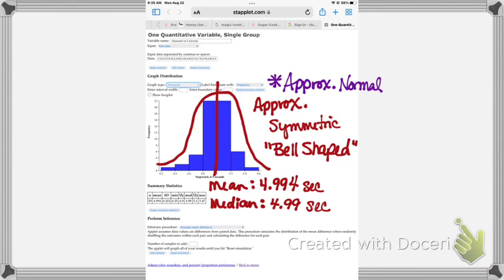A normal curve is a symmetric bell-shaped curve, or an approximately symmetric bell-shaped curve. A true normal curve is perfectly symmetric. If our data has that approximate shape, so we see our big bump of data in the middle, and we see tails off to either side that are roughly the same size, we're going to say that this is approximately normal. And approximately normal distributions are going to be a really big deal.